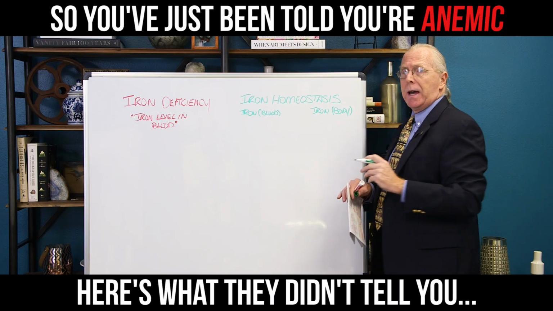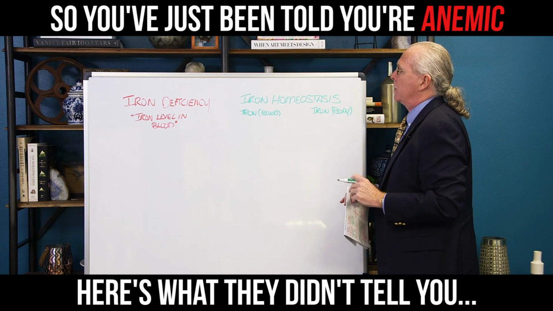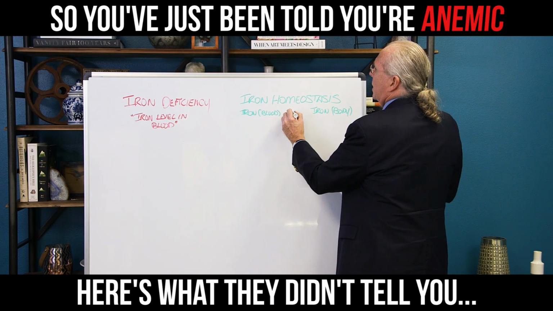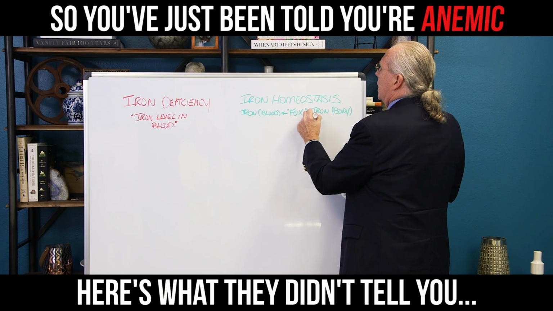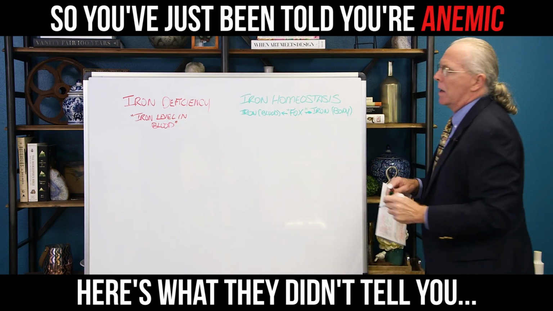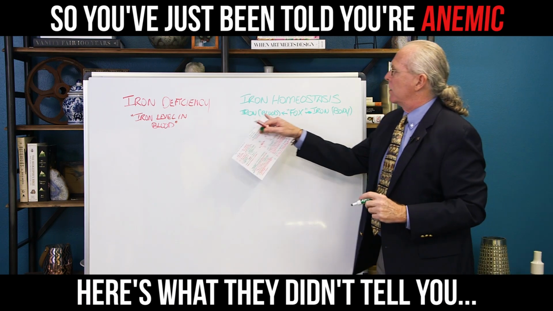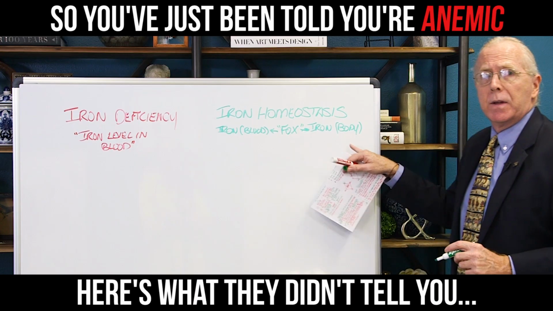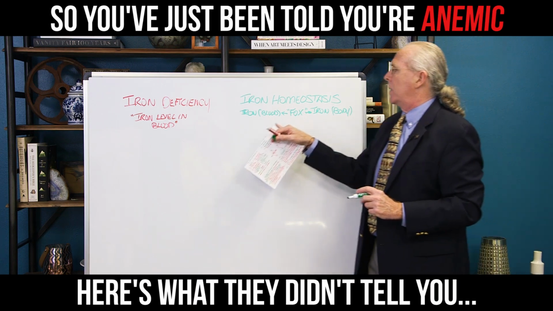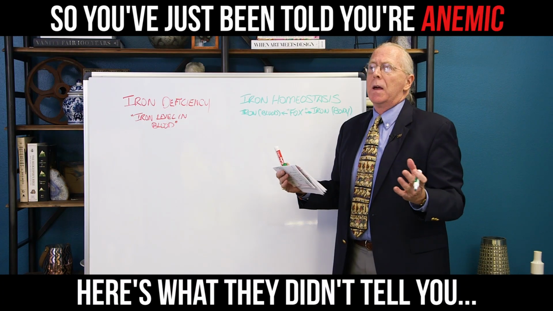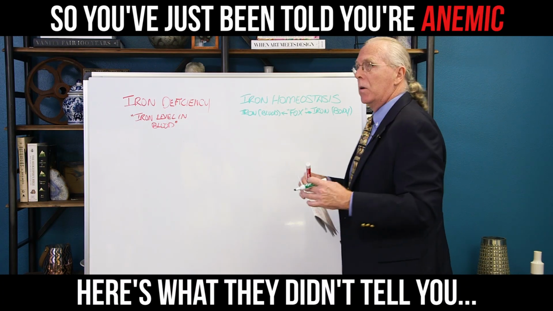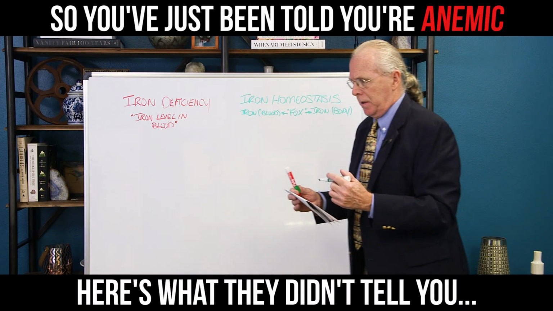But a key aspect of this whole process of iron homeostasis is understanding this key enzyme, which has the nickname FOX, and it's managing the movement of iron between the blood and the body. It's a very important aspect that's completely missing in the discussion and the diagnosis of what is someone's iron status.